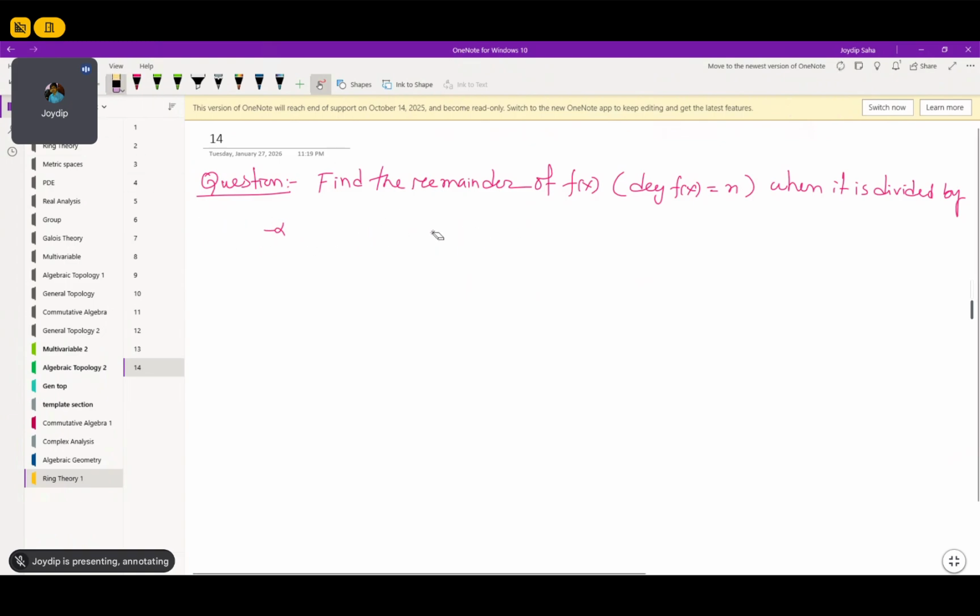I just write x minus alpha to the power k, 1 ≤ k ≤ n. So what is the remainder? Can you see?